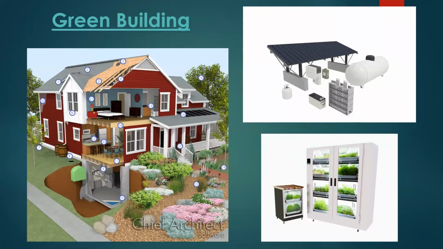We also have a lot of functionality for green building. On the right, you're going to see the tools that you can drag and drop from the library. On the right-hand side, you're going to see an example house created where it illustrates some of the green building ideas.